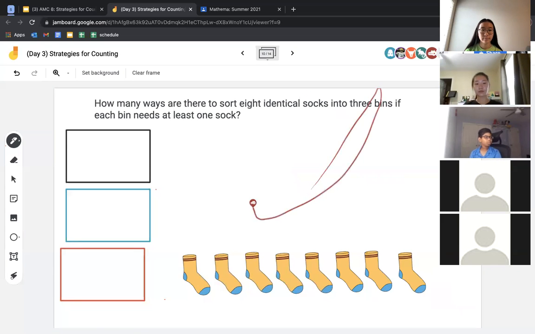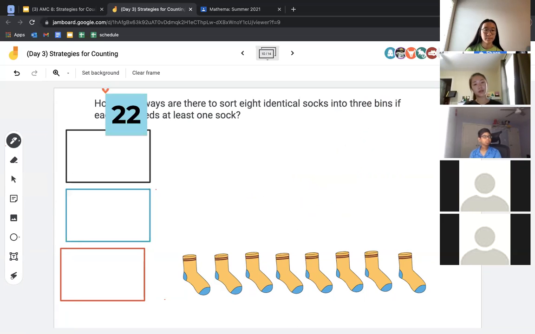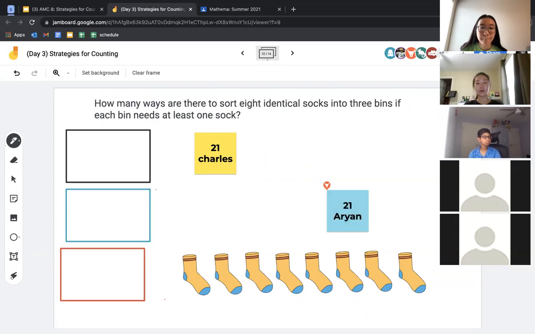Wait, so we already do 7 plus 6 plus 5 plus 4 plus 3 plus 2 plus 1. Wait, I don't get, why would you do that? Hold on, there's 8 socks, and you're basically putting 1 in each of these bins.